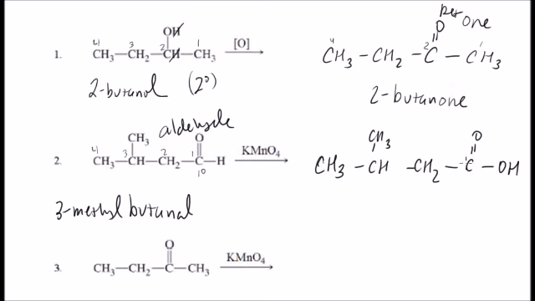Now if we had to name this, we have 4 carbons again, so this is going to be butanoic acid, and it still has that methyl group, 3-methyl butanoic acid.